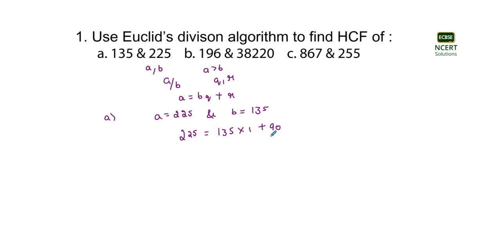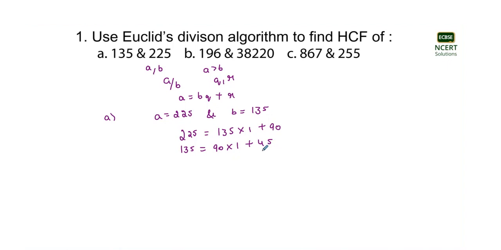Which means that now the new values of A and B will be 135 and 90 respectively. So applying Euclid's division lemma over the new numbers A and B, 135 will be equal to 90 into 1 plus 45. What it means is that if we divide the number 135 by the number 90, 1 is obtained as a quotient and 45 is obtained as a remainder.